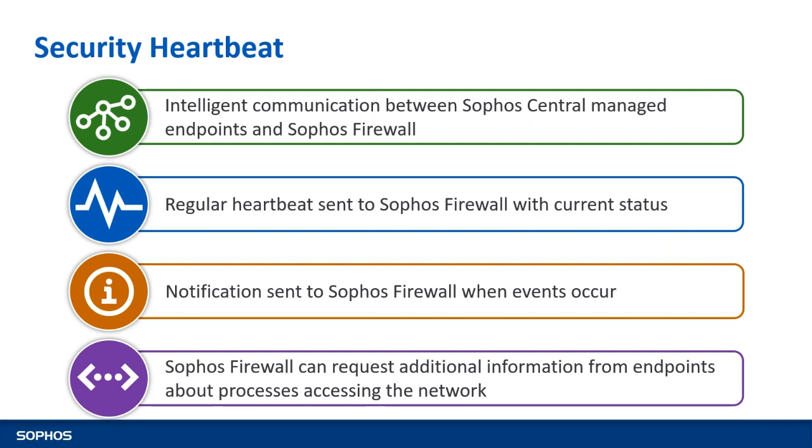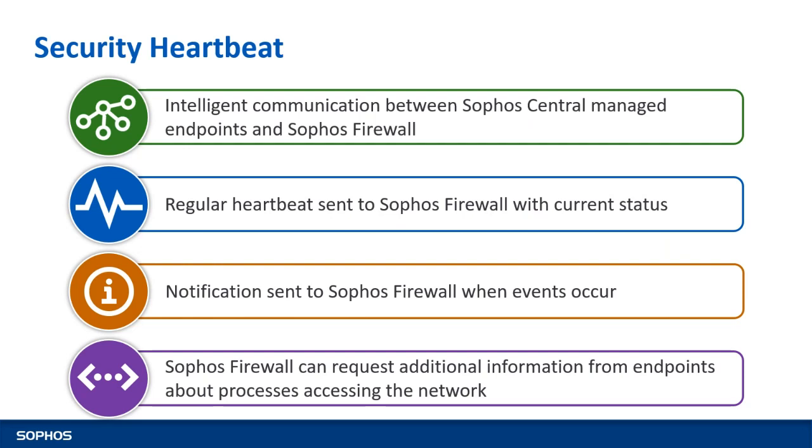The computer announces its health status to the firewall, which can be green, yellow, or red. Okay, these three colors. If the firewall detects an advanced attack, it can request additional details from the endpoint, such as the process name, for example, and the firewall can use the endpoint heartbeat and status information to control access to hosts and networks.